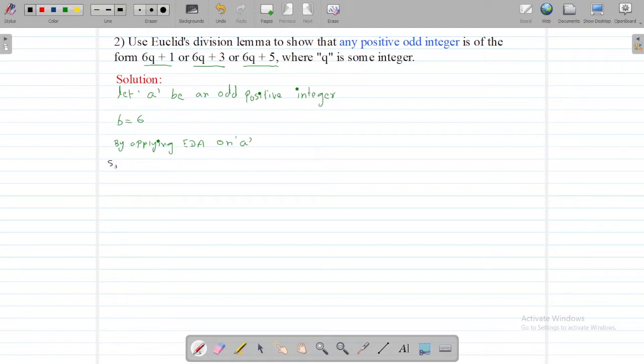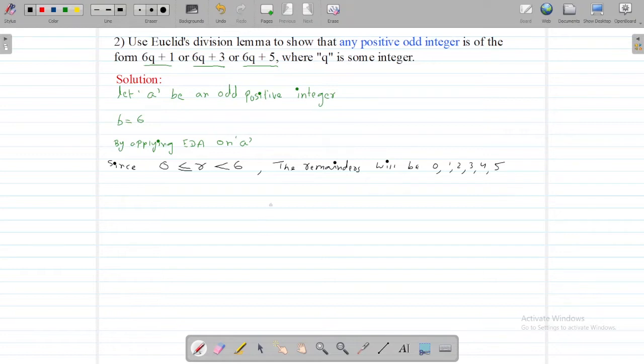Since we have the formula 0 less than or equal to remainder less than 6, if this is the condition, the remainders will be starting from 0, 1, 2, 3, 4, 5.